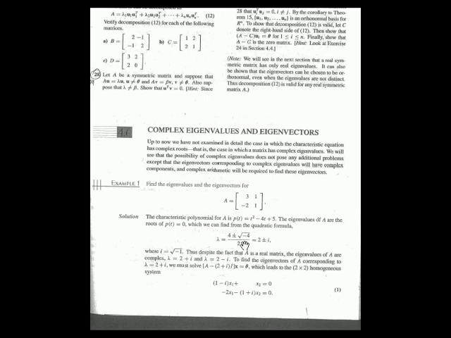So if the eigenvalues are real, you're guaranteed to get real eigenvectors, but if the eigenvalues are complex, you're normally going to get complex eigenvectors. And there's nothing different. Everything we said in the last section is still true, just that you're going to have to deal with complex arithmetic, which is not much fun.